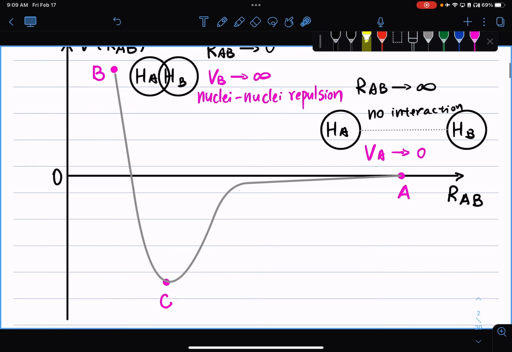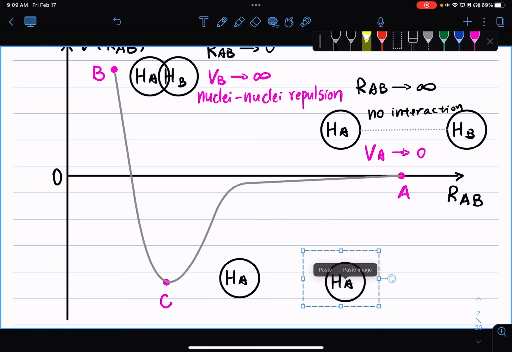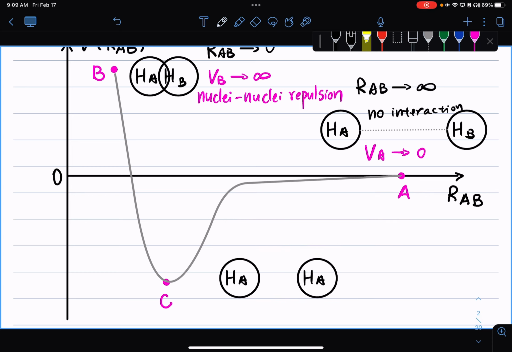What chemists like is at point C. So here is when you have HA and HB, these two atoms, in a good enough position where they're forming a chemical bond, or RAB is roughly equal to RE, where this RE here is defined to be the equilibrium bond length.